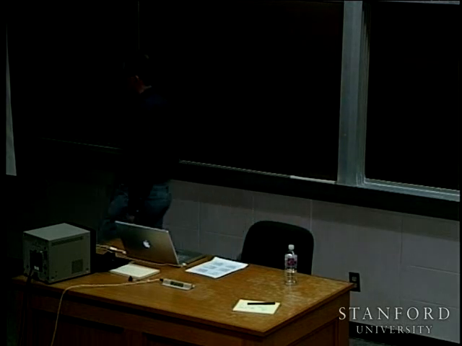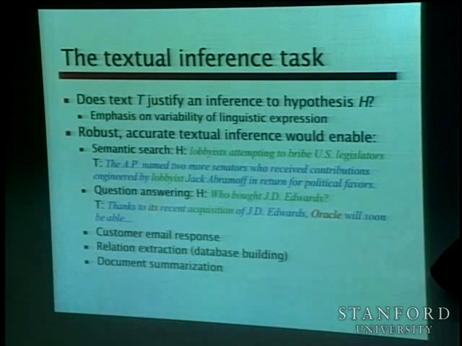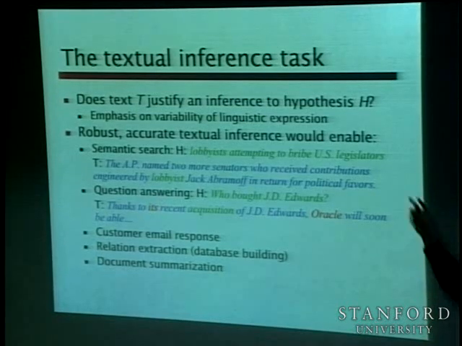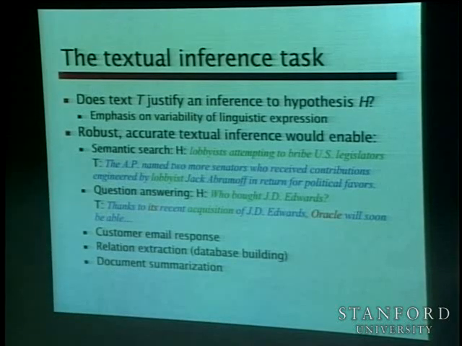I guess I got ahead of myself saying applications. But this is the kind of semantic search application where you'd like to be able to say, find documents that concern a certain topic, even if they don't use particular words. So find me documents talking about lobbyists attempting to bribe US legislators. Well, here's a document.